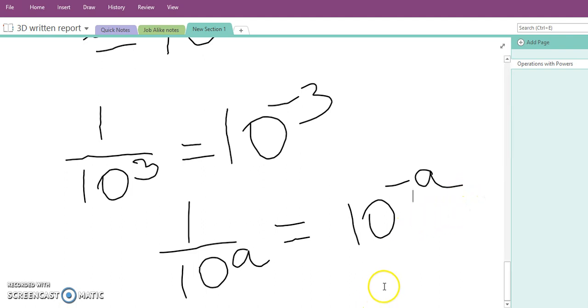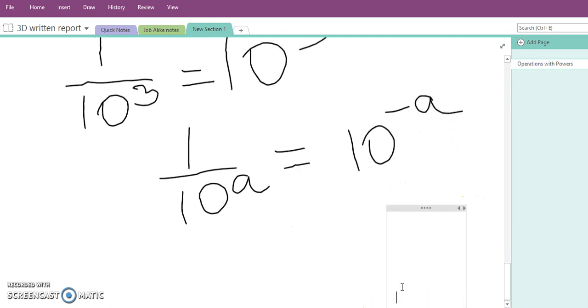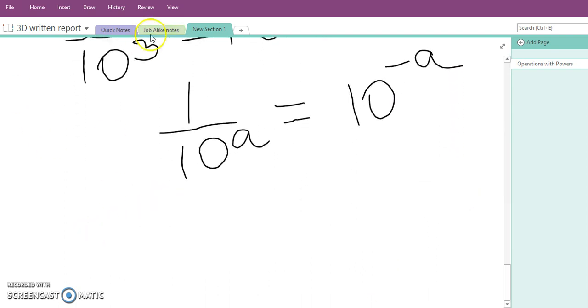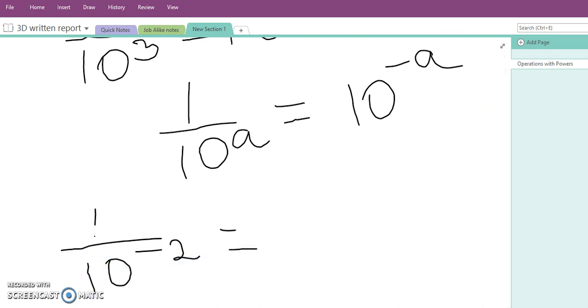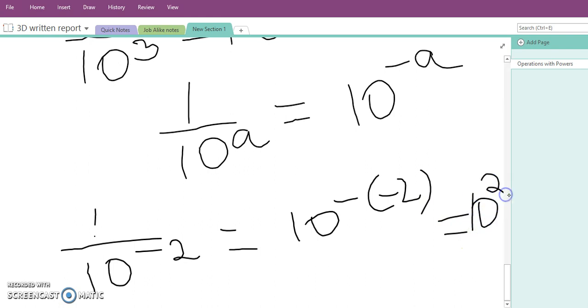So let's do another example of this. 1 over 10 to the negative 2. This is 10 to the negative negative 2. Negative and negative makes positive. This is 10 to the 2.